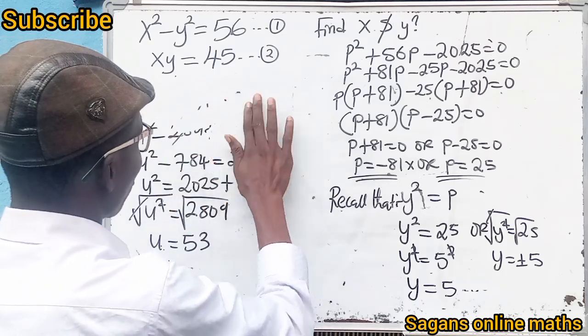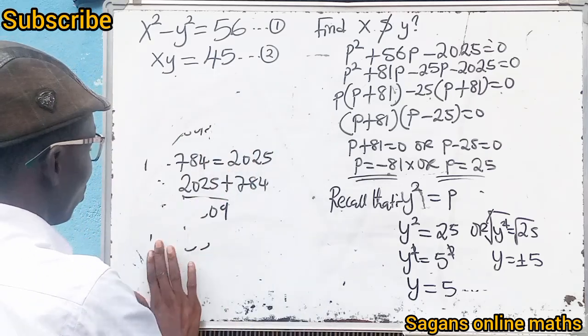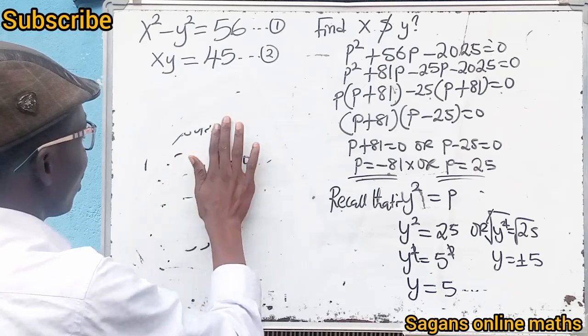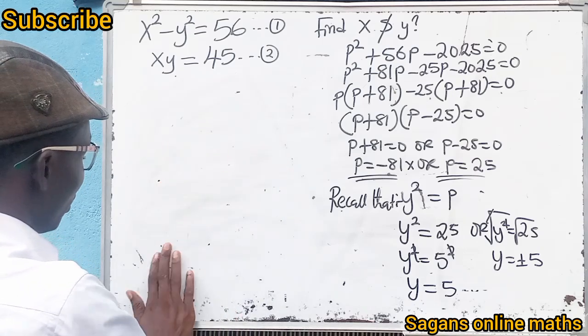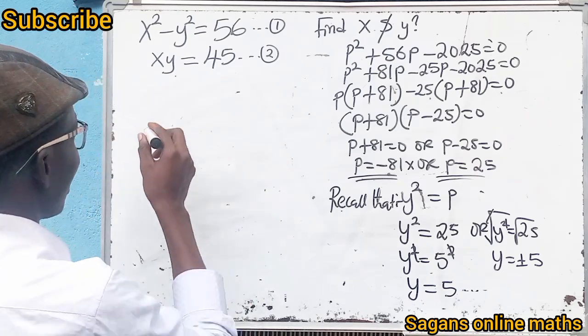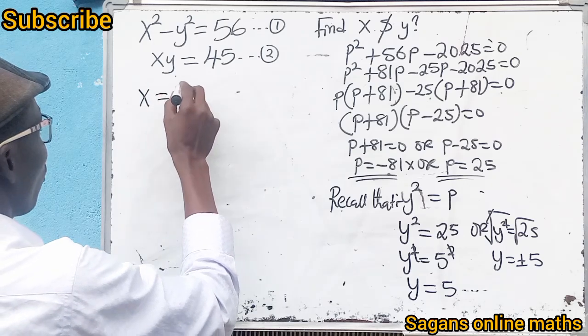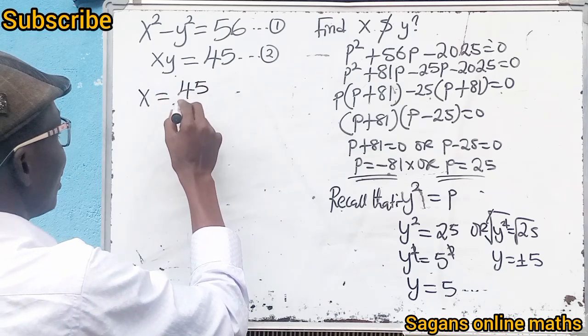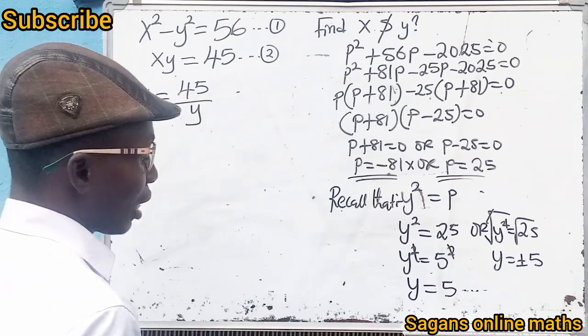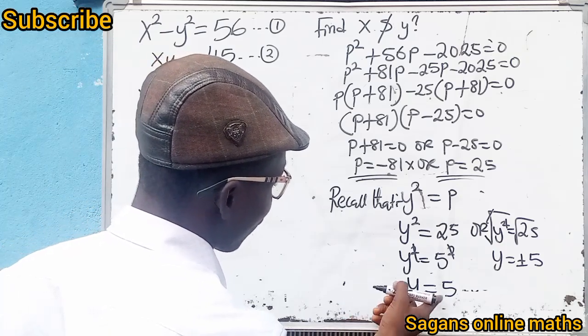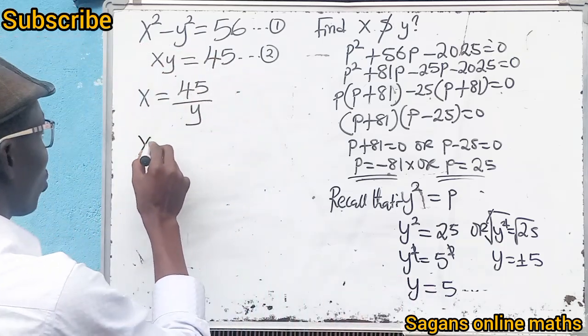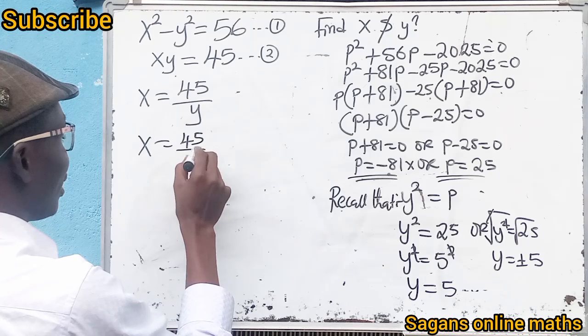Let's recall from our equation 3. We said that from equation 3, s is equal to 45 divided by y. Now y is 5. So now see that s will be equal to 45 divided by 5.